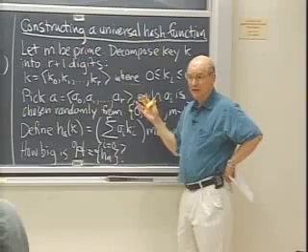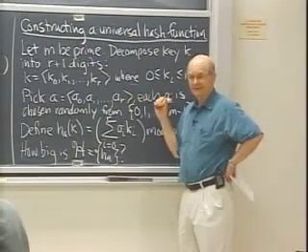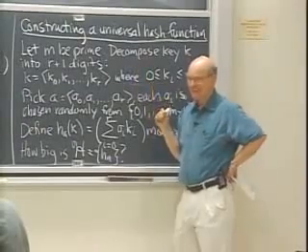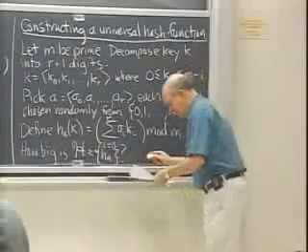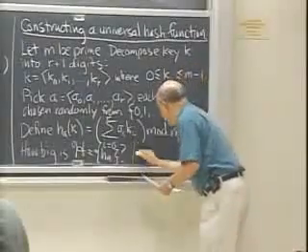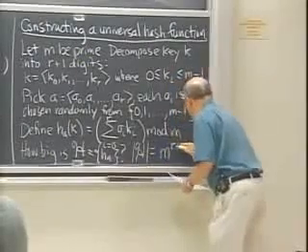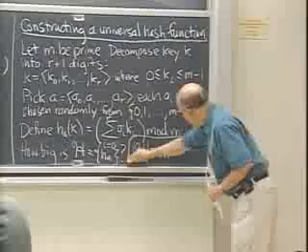M minus 1 to the r? Nope. Close. It's up there. It's a big number. M to the r plus 1. Good. So the size of H is equal to m to the r plus 1. We're going to want to remember that.